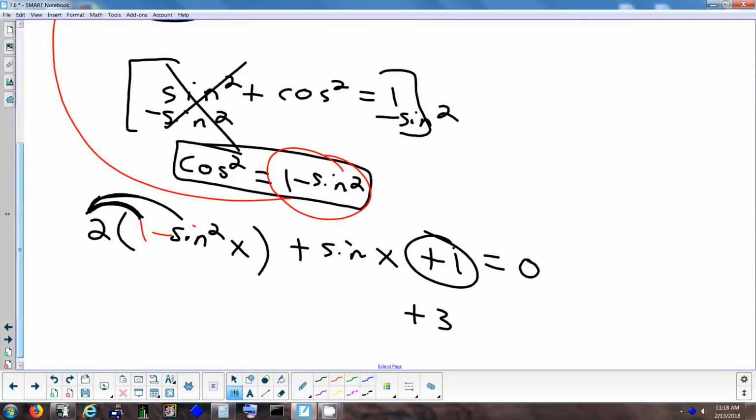Now I've got 2 times negative sine squared x. There's not really much you can do with that. It's just negative 2 sine squared x. The middle stays exactly the same. Any questions on distributing out the 2?